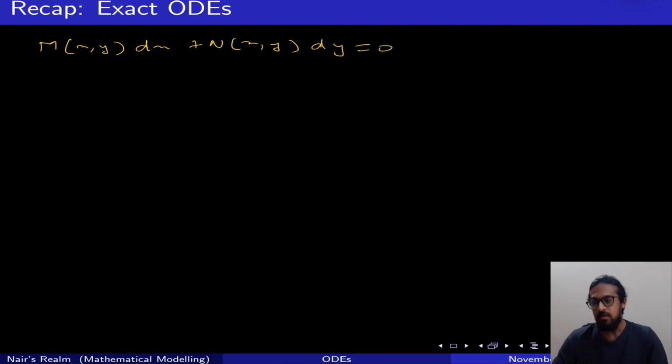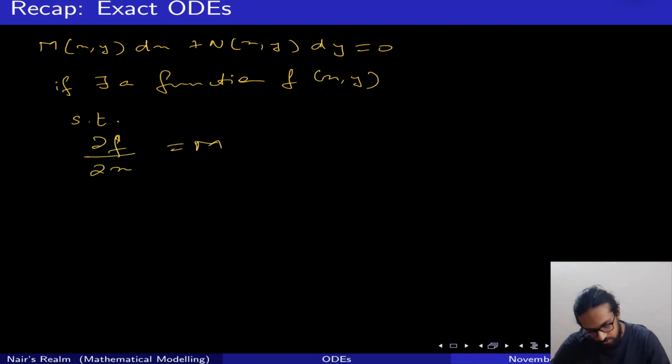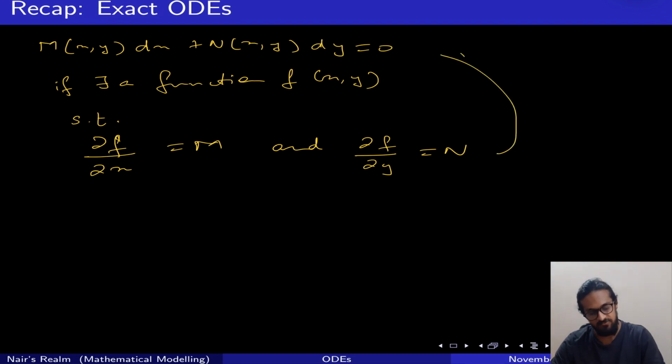So let's say we have a differential equation in the following form. We discussed that if there exists a function f of x comma y such that dou f by dou x is equal to M and dou f by dou y equals N, then we can say that this differential equation is an exact differential equation.